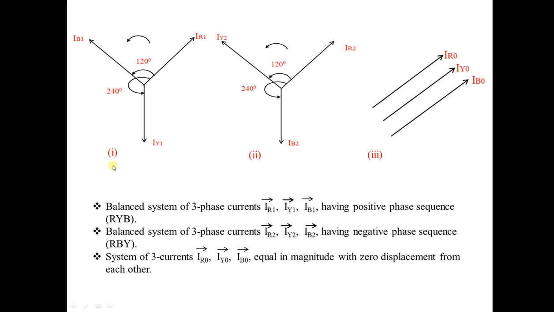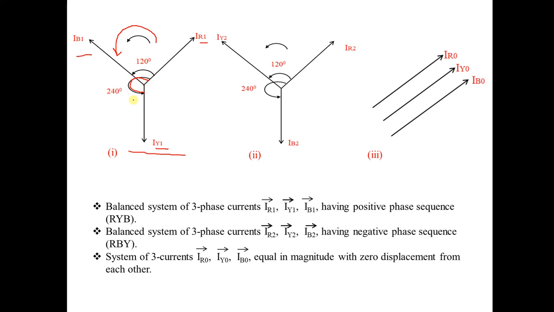The first one is the positive sequence. Here all are displaced by 120 degrees, represented by IR1, IY1 and IB1, rotating in the opposite direction, from IR1 to IY1 is 240 degrees and to IB1 is 120.